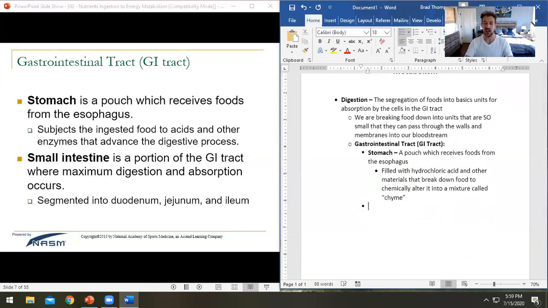And then you've got your small intestine, which is going to be the next tract, a portion of the GI tract where maximum digestion and absorption occurs, right? So this is where you are doing most of the absorbing when it comes to foods.